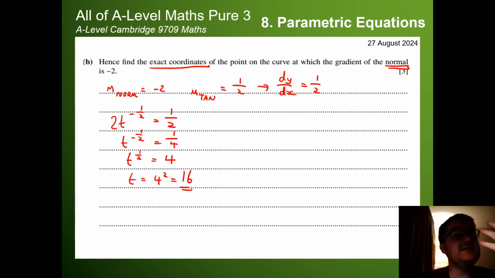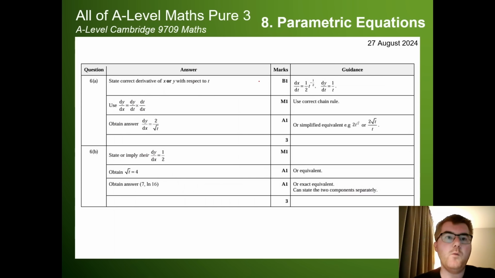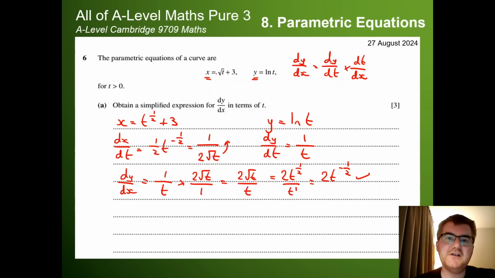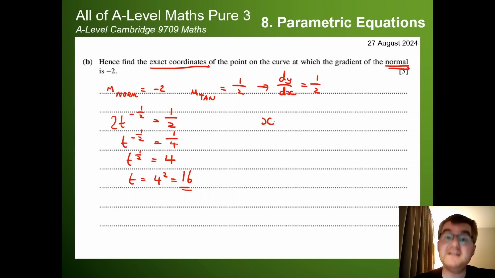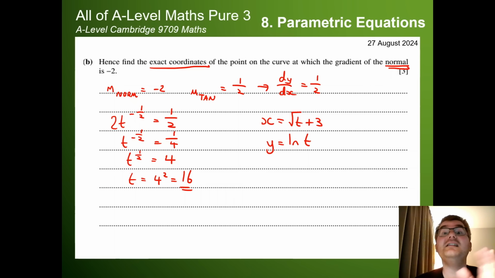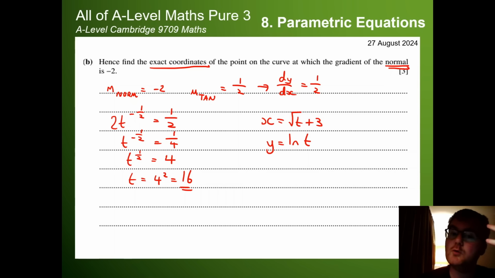Now, t being 16 is not the answer because we have x and y in terms of t. So if I write this down again, x is equal to root t plus 3 and y equals the natural log of t. We can now work out the x and y values, the coordinates, by substituting our value of t into x and y.